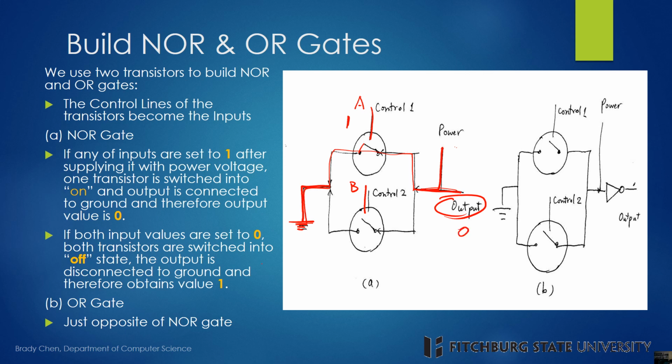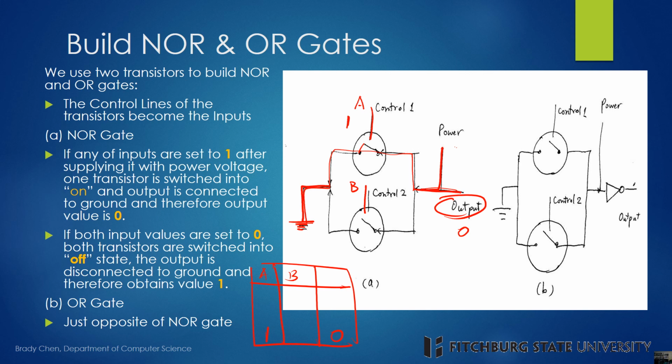So here's what happens. A, B. If the value of A is 1, then the output is going to be 0 because it's ground. Now, it really doesn't matter what the control line value of B is. If it's 1 or if it's 0, it doesn't matter because it's connected to ground anyway.